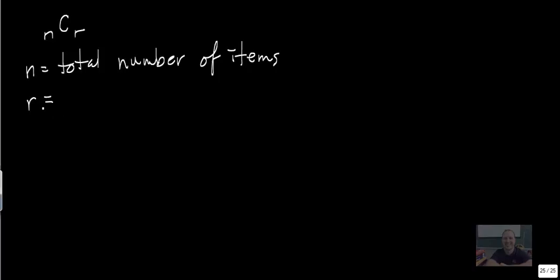N is the total number of items, or objects or whatever it is. R is the selected number of items, the elements in the question. So it's a portion of the total.